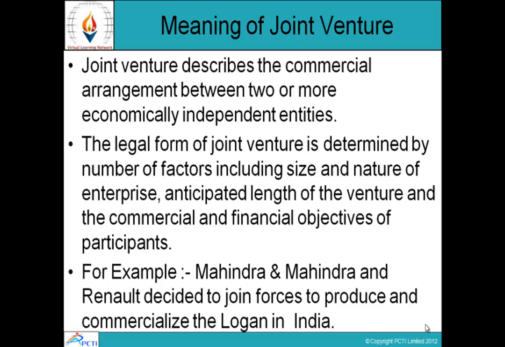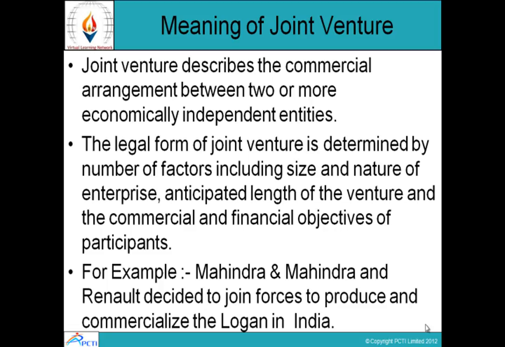They are a commercial arrangement between two or more entities, and these entities are basically independent entities. They have their own work operations, but when they decide to work together on commercial grounds, they become joint ventures. Now, the legal form of joint ventures is determined by a variety of factors.